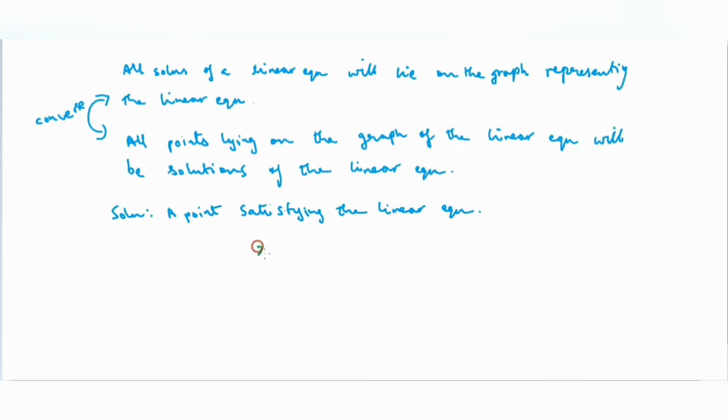So the equation which we had was 2x plus 3y equal to 7. Now let us take some random point like (1, 1). So we'll put this, LHS will be 2 into 1 plus 3 into 1, so is equal to 5. Whereas RHS is equal to 7. LHS is not equal to RHS.